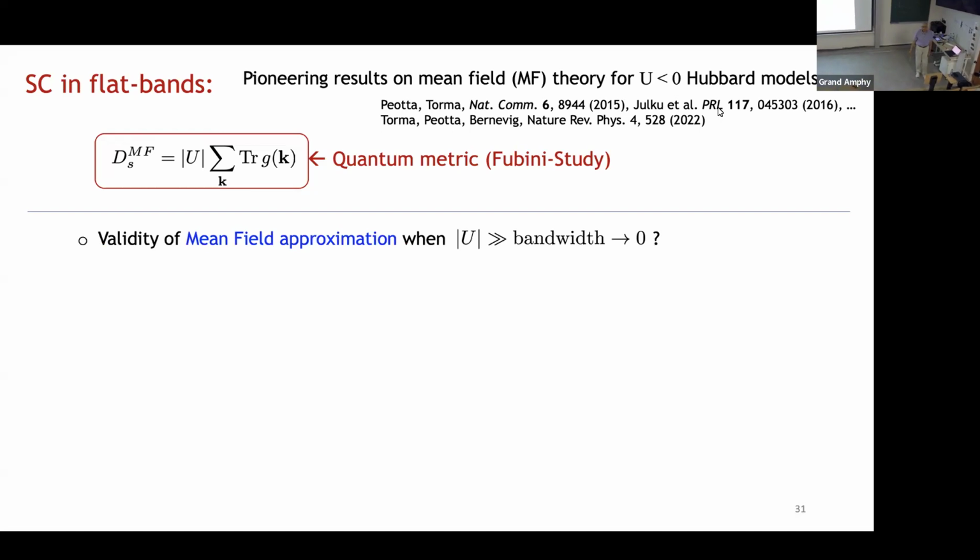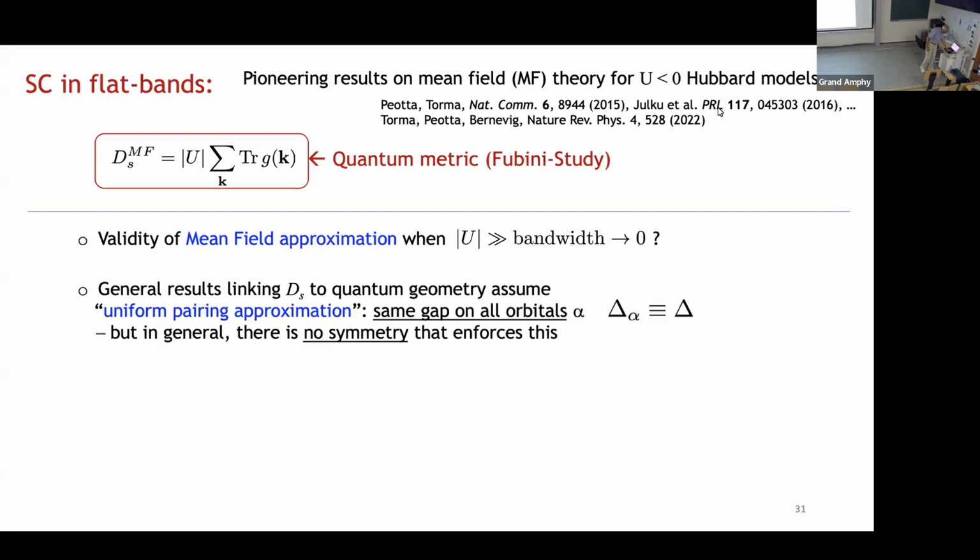Now, the first question is whether mean field theory is valid when the interaction is infinitely larger than the bandwidth, which is zero. We don't know. The second question is a more technical, nuanced question. They also made some further assumptions, but in general, it's not clear that this assumption is valid.